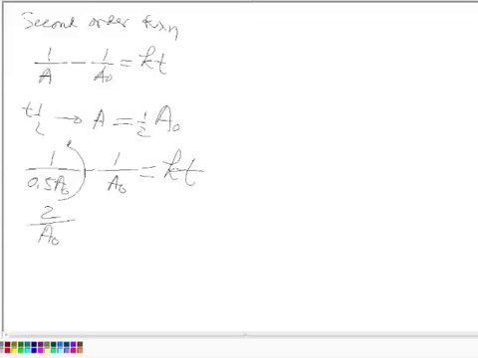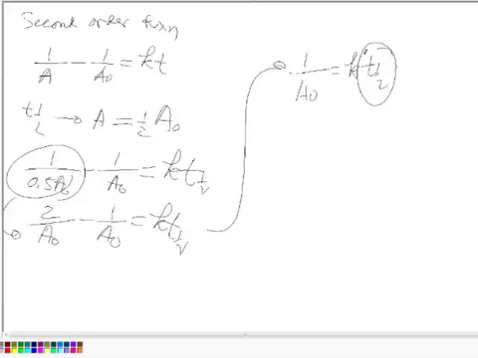So what is t half? Then you can determine easily, t half equal to 1 over k A0. So this is for the second order reaction.